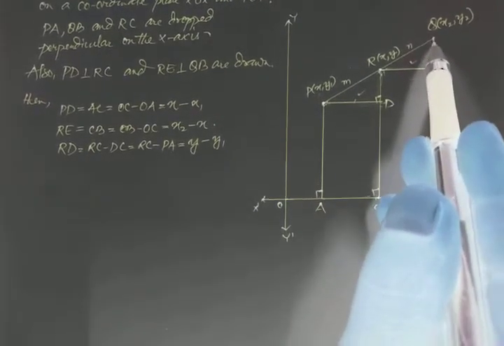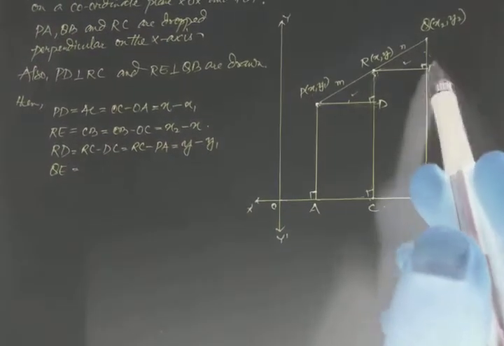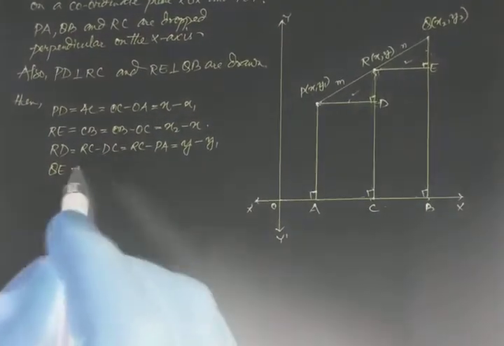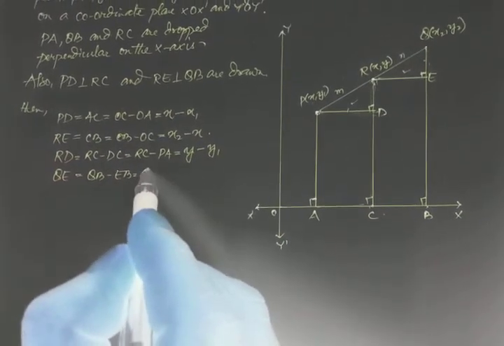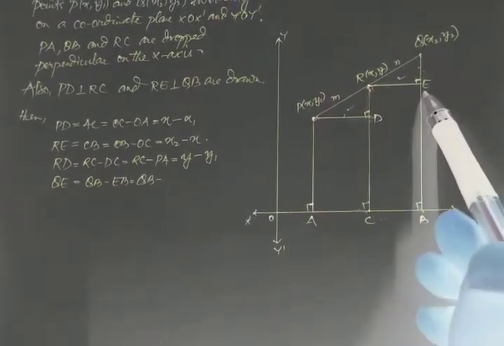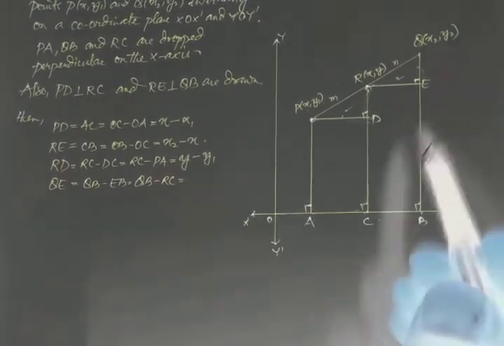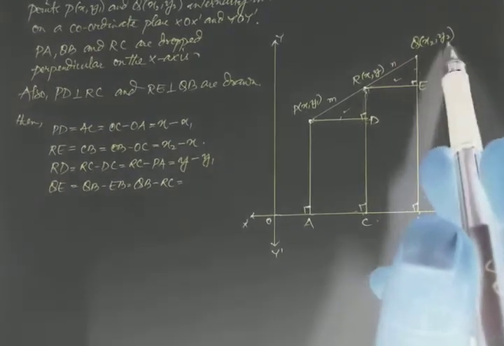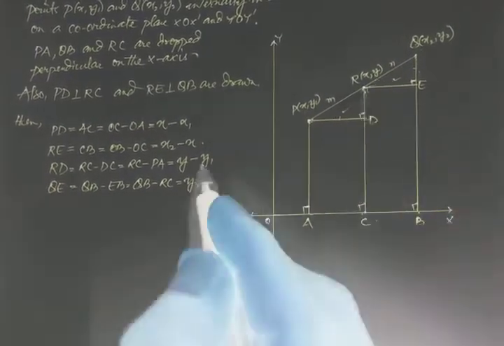And then the last side is QE, which is equal to QB minus EB, and EB is the same as RC. Now QB is y2 minus RC, which means y.